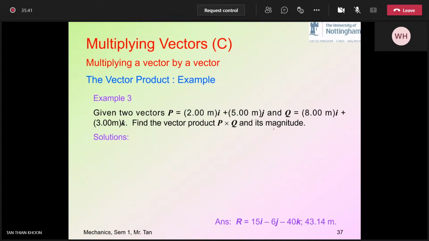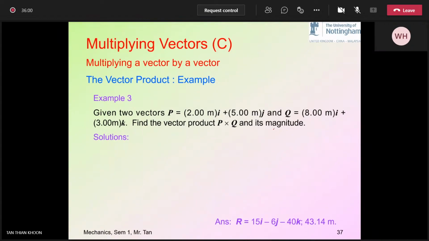Either they want to ask with the x-axis or the y-axis or the z-axis, so that is a lot more questions. So normally if it is in 3 components, then generally they will just ask about magnitude only.